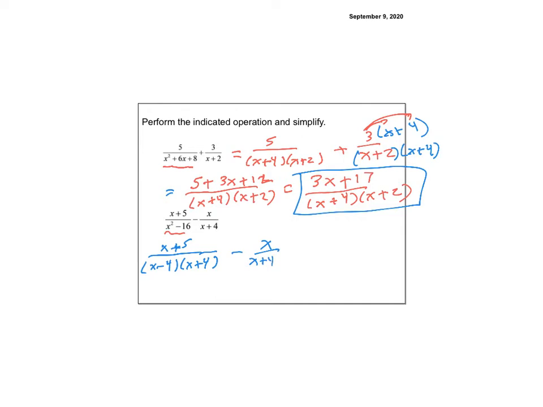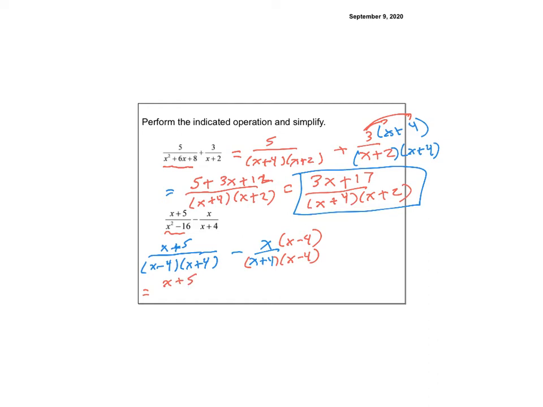All right, what's our common denominator now? The first one has an x minus 4 and an x plus 4. The second one only has an x plus 4. So what's the x plus 4 missing? It's missing an x minus 4. So let's multiply the second fraction by x minus 4. Doing so, we can leave the x plus 5.